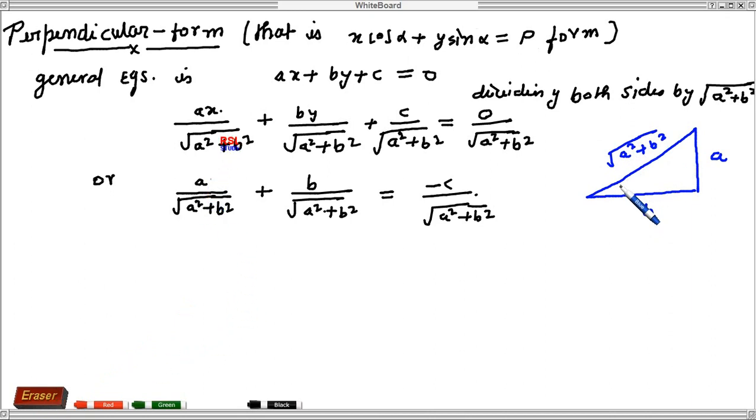So after dividing we got this, and here should be x, which I have missed out.